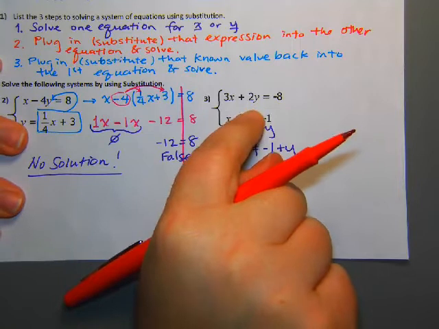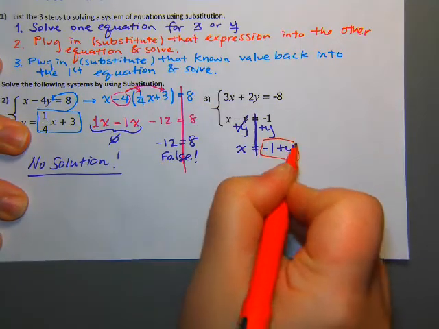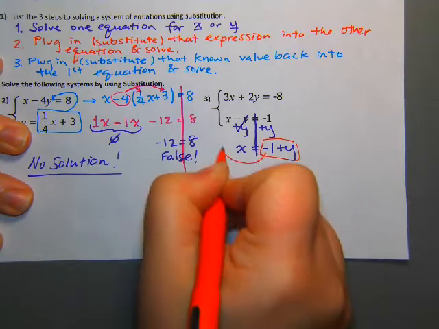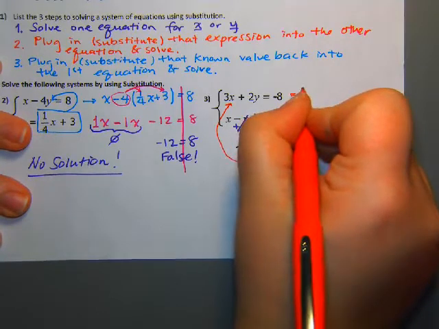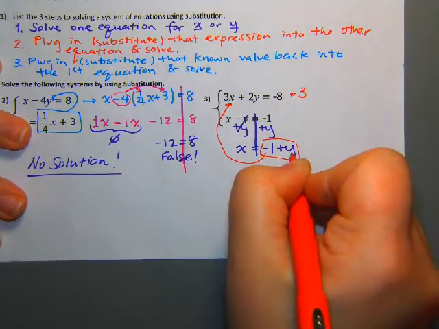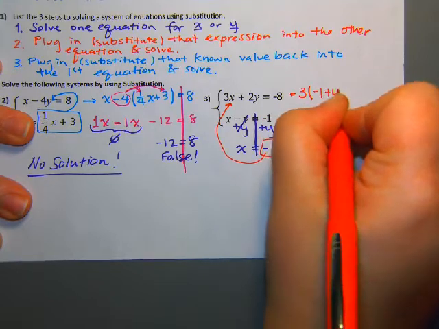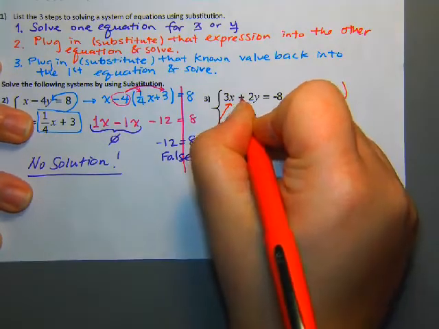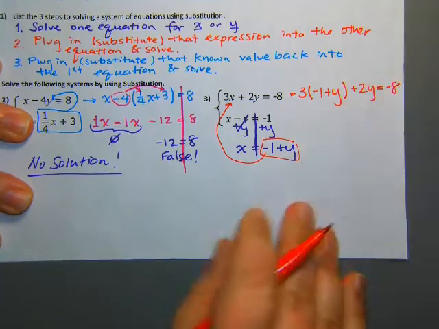So now, don't plug it in for y, because it's x equals. This is going to go in for x. So this is equal to 3, and then everything in the square will replace x. So parenthesis, -1 plus y, close it, and then continue: plus 2y equals -8. Oof, that was close.